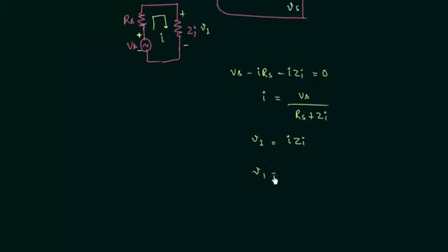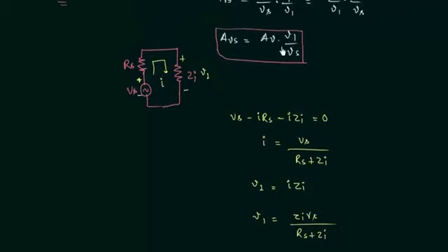So V1 is equal to Zi Vs divided by Rs plus Zi, and from here we can find out V1 by Vs. So V1 by Vs is equal to Zi divided by resistance Rs plus Zi.